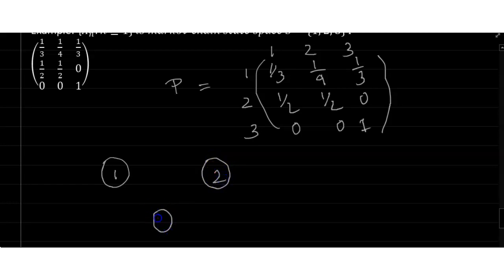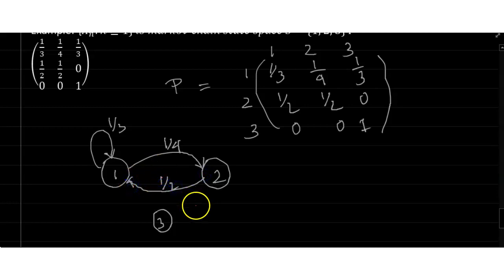This is the directed graph, and you see that 1 to 1, this is 1 by 3, and 1 to 2, this is 1 by 4, and 2 to 1, this is 1 by 2, and 3 to 1, this is 1, and 3 to 1, this is 1 by 3, this way 1 to 3, and 2 to 3, there is no path. 2 to 2, this is half.